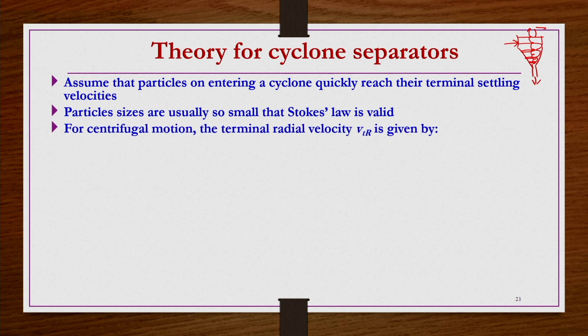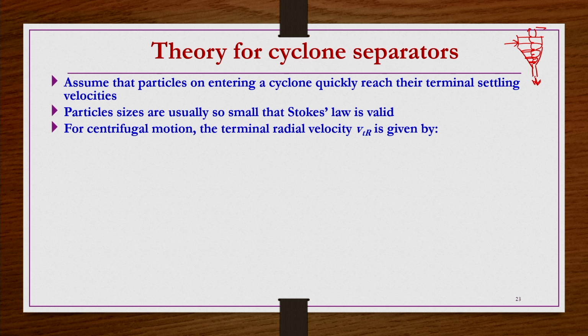For centrifugal motion, consider the terminal radial velocity VTR. When the fluid comes in and rotates going down like this, a vortex is formed. There are two forces: one is the centrifugal force, because the fluid is rotating, and the other is the gravity field force.